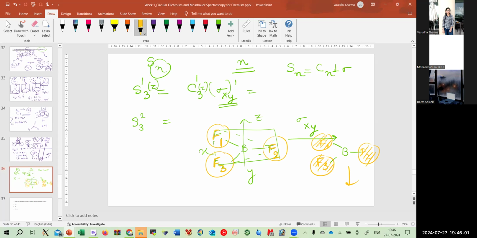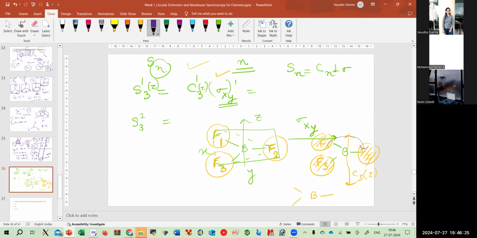Understood? Now, after this is applied, what do you have to apply? You have to apply C3 along the Z direction, the Z axis passing through the boron. What do you expect your molecule to look like? Where will F1 go, or will it go or not? It will move.